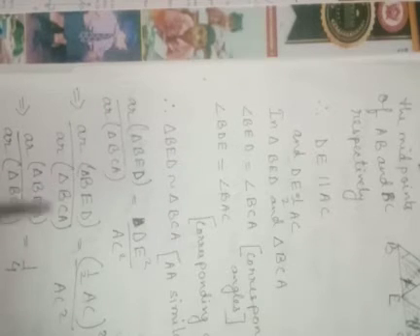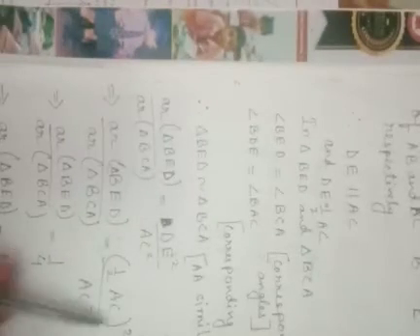So the area of the triangle BED by the area of the triangle BCA should be equal to the ratio of the square of their corresponding sides. So DE square by AC square. So next, area of the triangle BED by area of the triangle BCA is equal to half AC whole square. Why half AC whole square? Because just now we have proved that DE is parallel to AC.